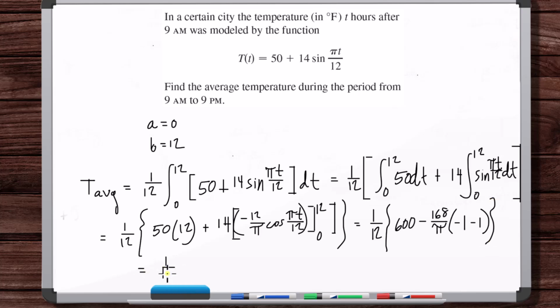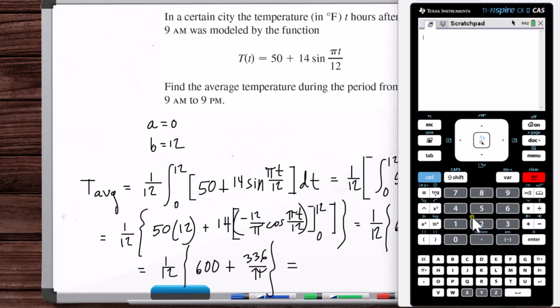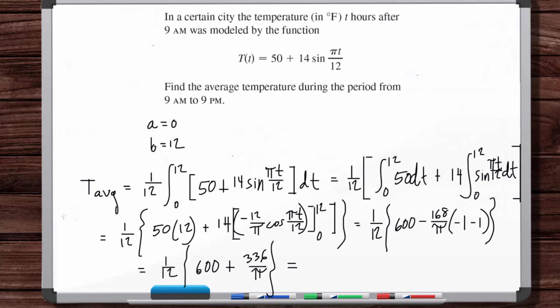So 1/12 times 600, and minus 1 minus 1 is minus 2, so 168 times 2 is 336. So this is 600 plus 336 over pi, divided by 12. And this is approximately 59 degrees Fahrenheit.